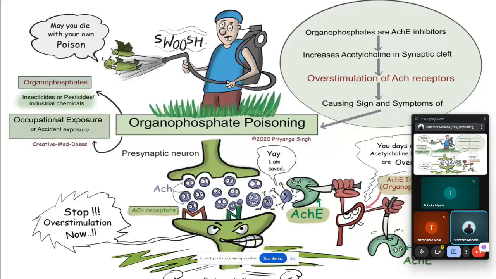Which is actually destroying the enzyme or making a permanent union with the enzyme. Once you reduce the enzyme, you have excess amount of acetylcholine in the nerves, and you have extreme levels of acetylcholine. So there's going to be overstimulation of the nerves.